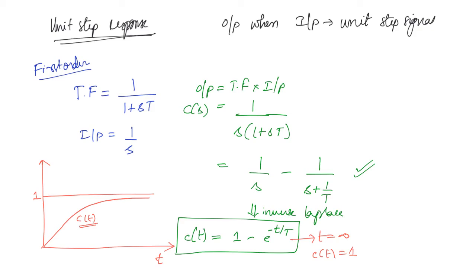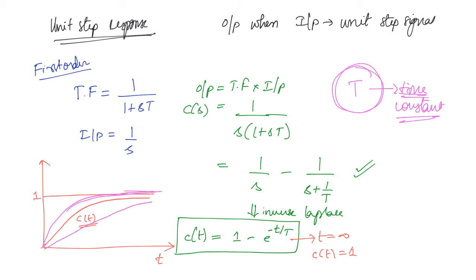So c of t will reach unity at some infinite time. Now the constant T is called the time constant, and it will affect the speed of the response. That is how fast the response will reach the unit value. The response can reach unity like this, or it can reach unity at a very slow rate.